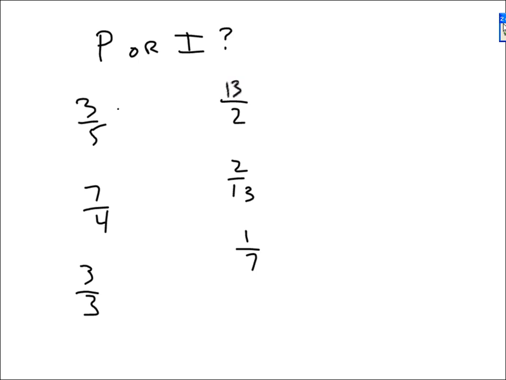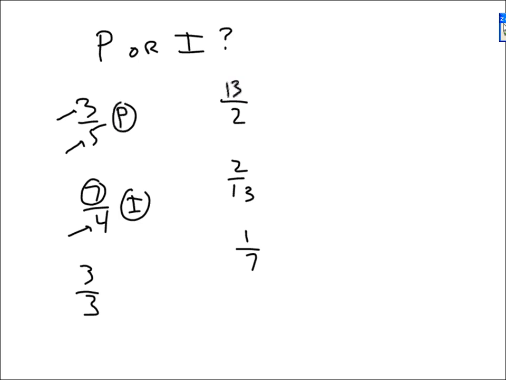The first number is proper because the top number is smaller than the bottom. 5 goes into 3 no times. The next one is improper because the top number is greater than or equal to 4.